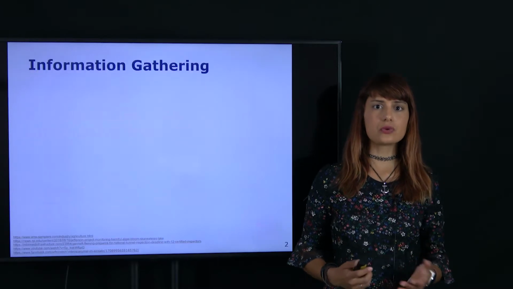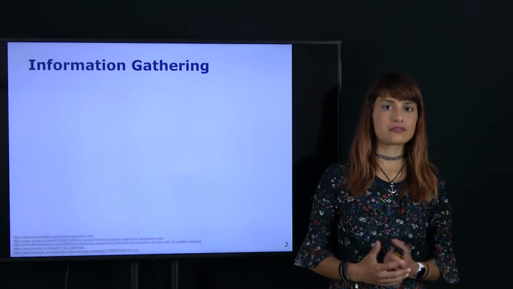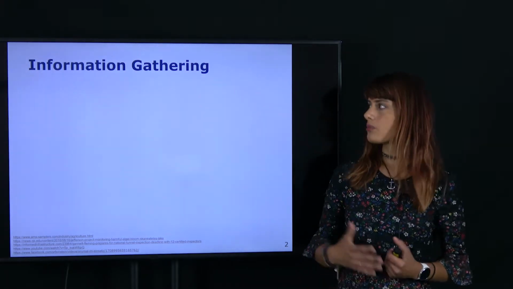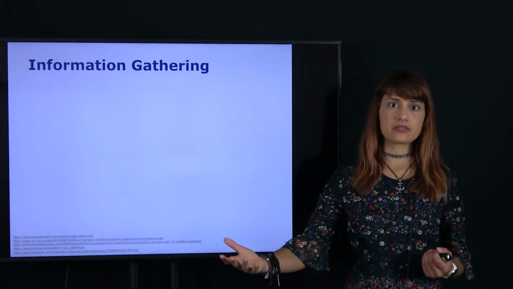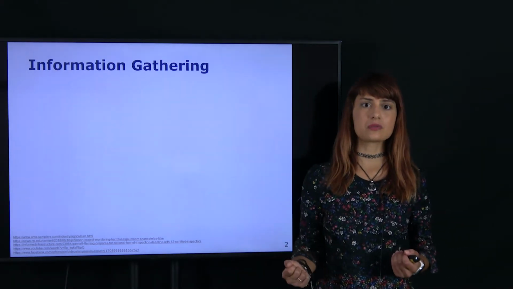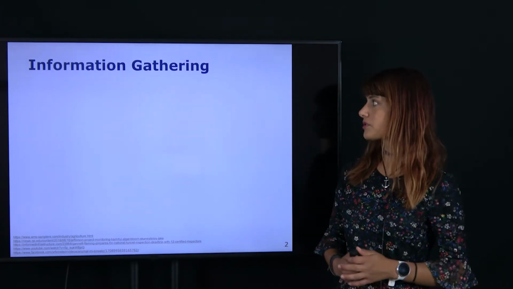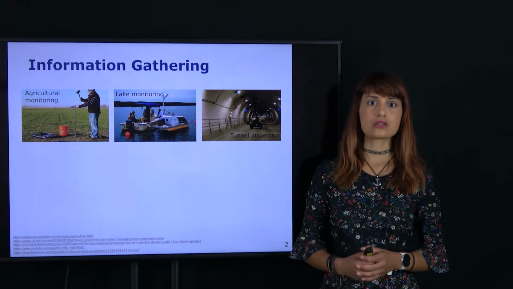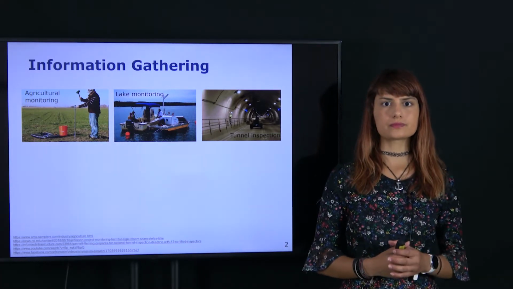So first of all, what do we mean by robotic information gathering, and why are robots involved at all? Well, by information gathering, we simply mean that we place a sensor in some environment and use it to collect some measurements in order to build a map. Here we see examples of information gathering scenarios that are done manually with humans directly in the loop.